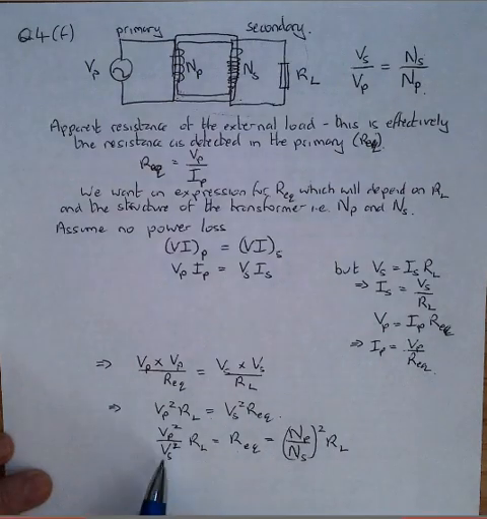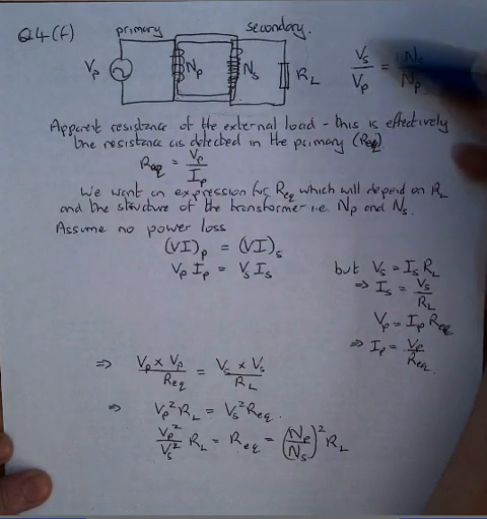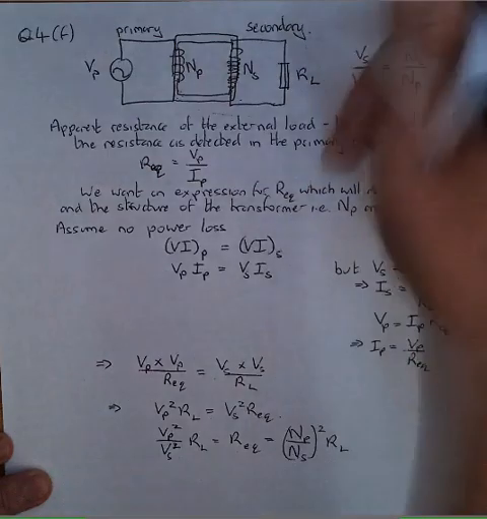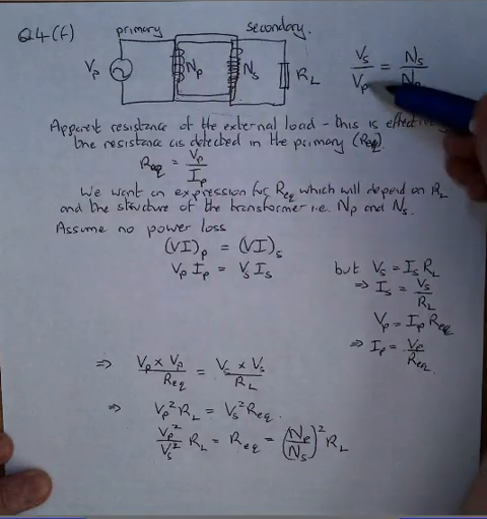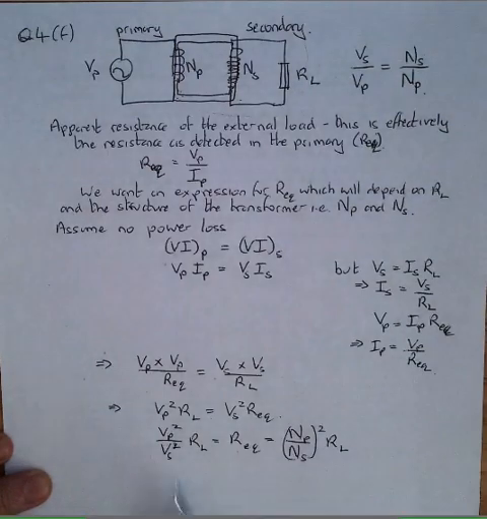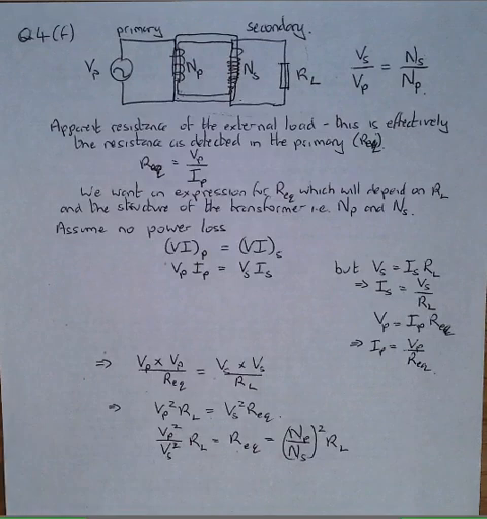We've got Vp squared over Vs squared. But if you look up here, we know the relationship between Vp, Vs, and Np and Ns. If you turn that upside down on both sides, Vp over Vs is going to equal Np over Ns. So we can replace Vp over Vs squared by Np over Ns squared, times RL. And that's that question done.